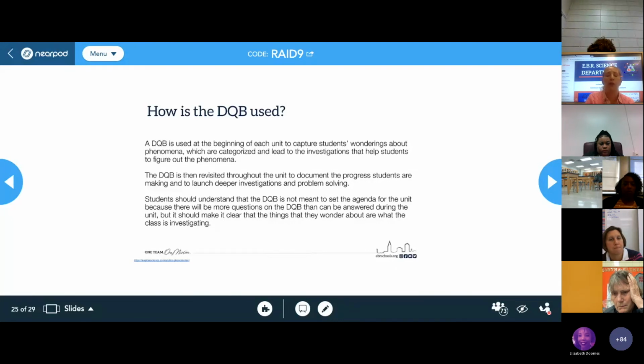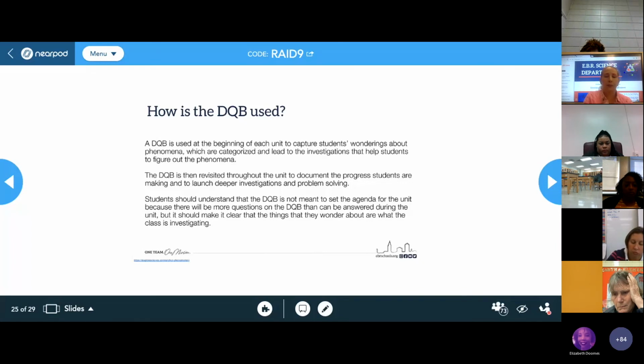We can do one for a lesson question. We can do one for any of the questions. If you have the lesson plans, there's an essential question every single day. You can do one as much as you want, as long as the students understand that the goal of the DQB is for them to find little pieces of information to help them answer the anchor phenomena.